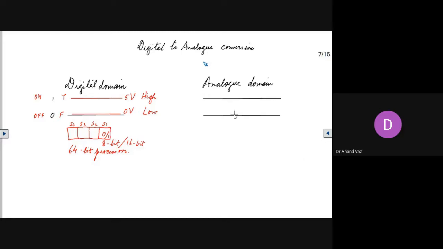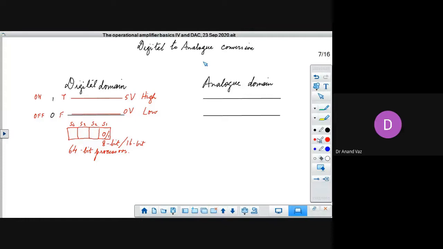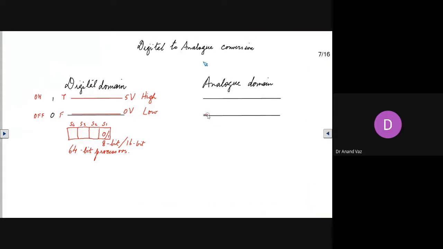Now between this, we may have a signal which is either zero, or it is increasing like this or like this. It may change anywhere. Okay. So we have a signal which is continuously changing, and as time progresses we may have it moving like this.